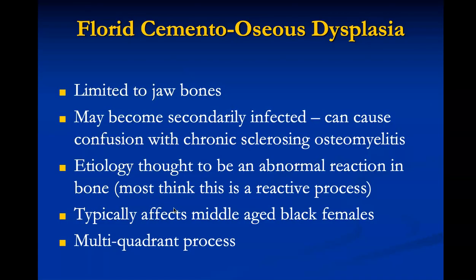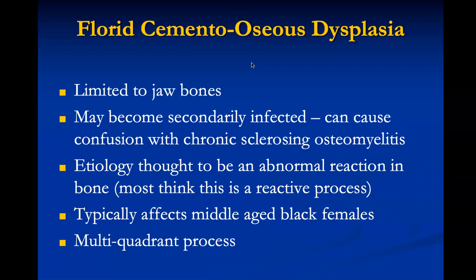So florid, as we mentioned, is more than one quadrant. It is limited to just the jaw bones, which is one of the things that helps you differentiate this from other lesions in the differential, such as Paget's and Gardner syndrome, for example. Florid cementoosseous dysplasia has those multiple areas of opacity, which you would also see in Paget's and could also see in Gardner syndrome.